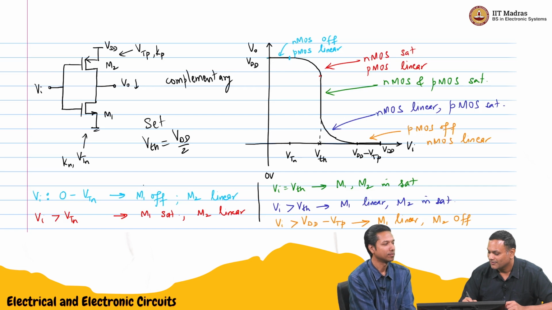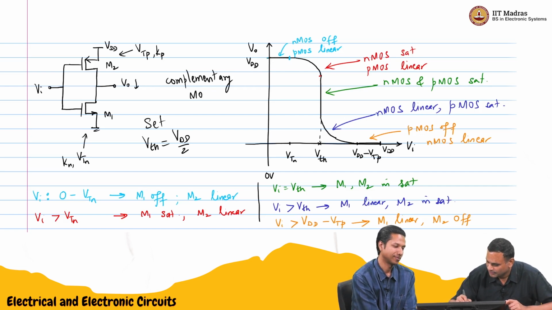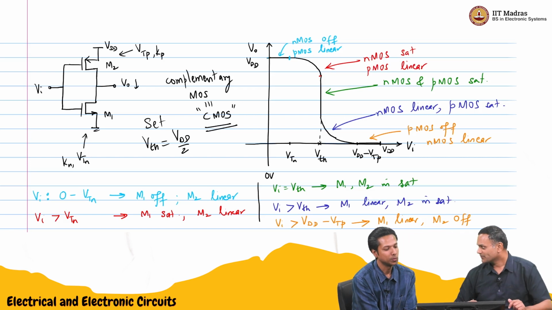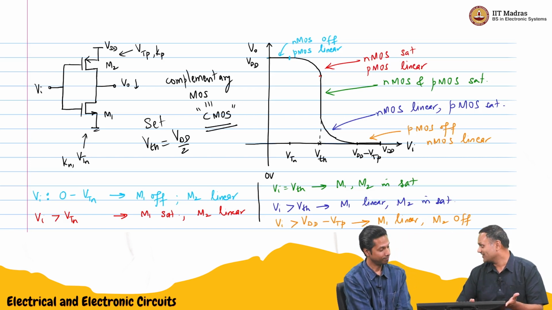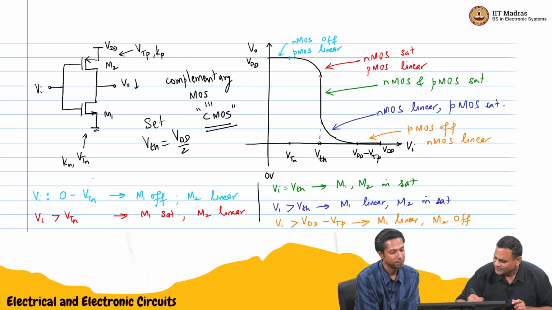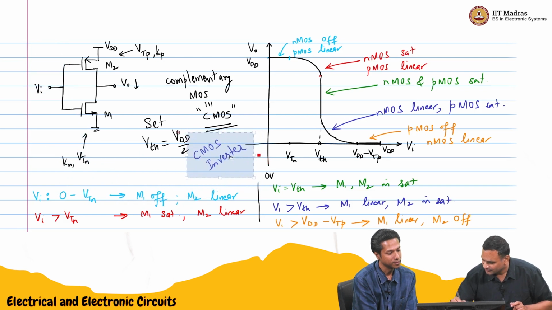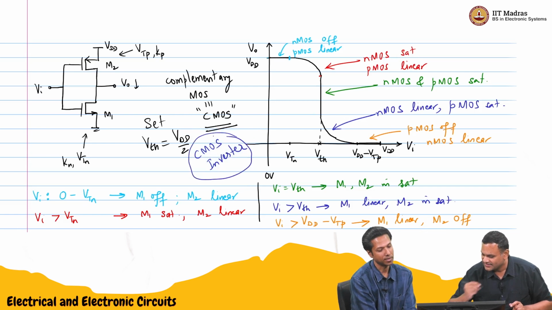Complementary MOS, or CMOS, is the word that is most commonly used. So this is a CMOS inverter. So I'll write that here. That is what this circuit would be called, a CMOS inverter.